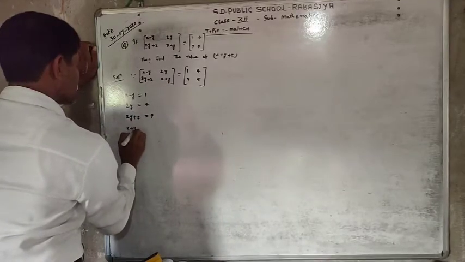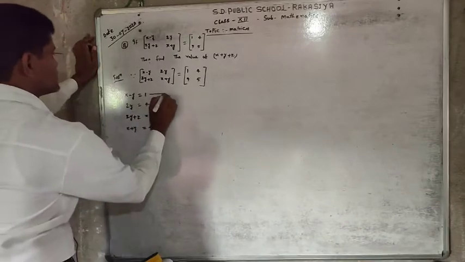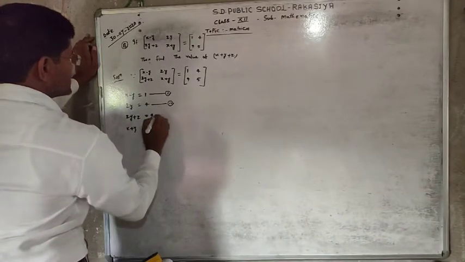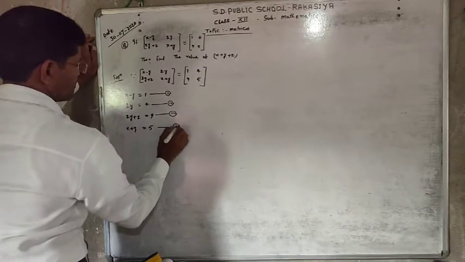So x minus y equals 1 is the first equation, 2y equals 4 is the second, 2y plus z equals 9 is the third, and x plus y equals 5 is the fourth.